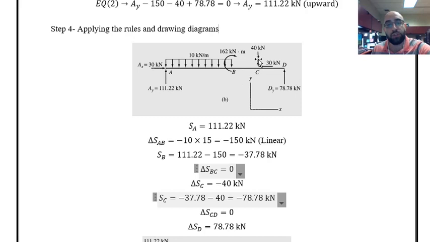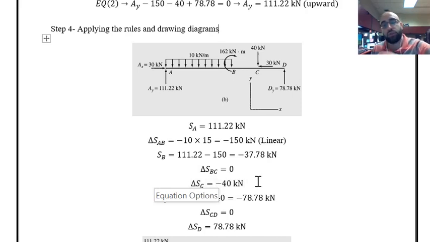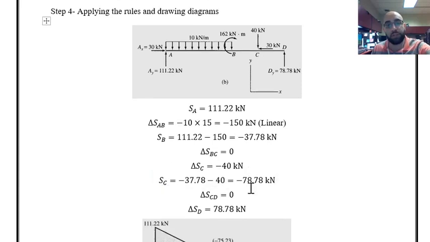And then at point C, we have a point load. So there is going to be a sharp change in the shear, and that is equal to the magnitude of the point load, which is minus 40. So right before point C, shear was equal to minus 37.78. And right after C, we have to consider a drop in shear, and the amount of drop is minus 40.